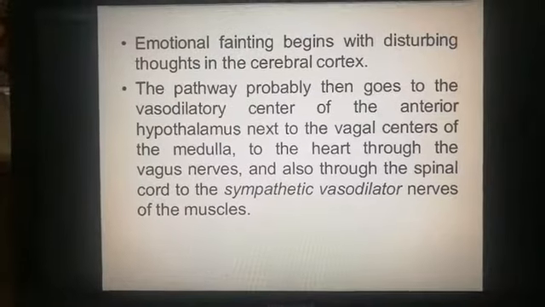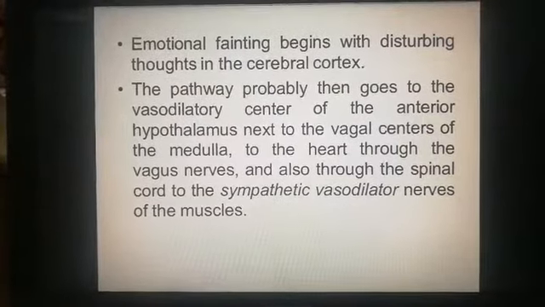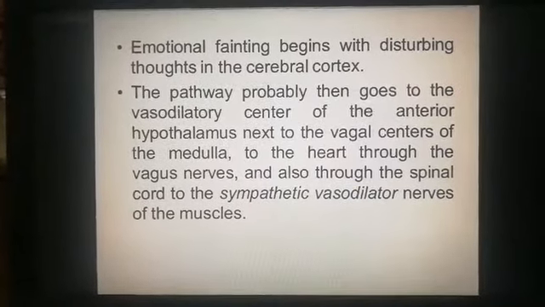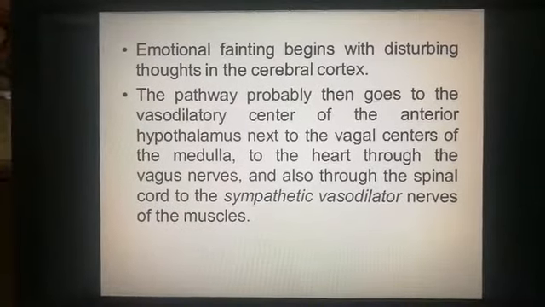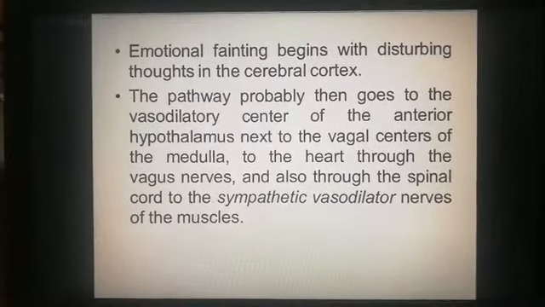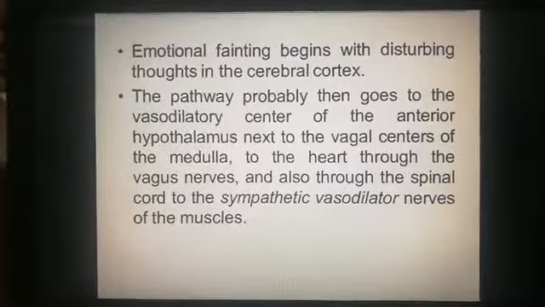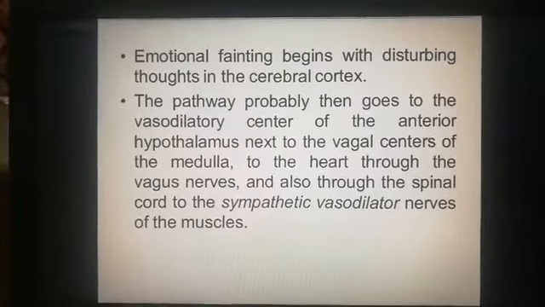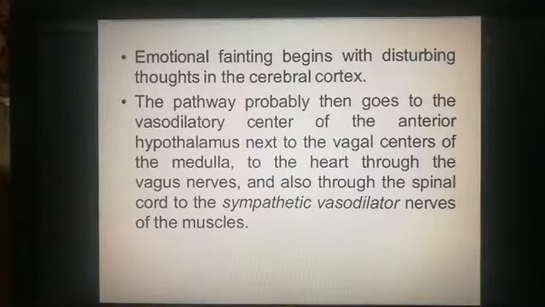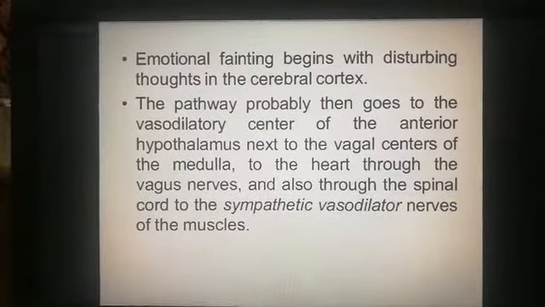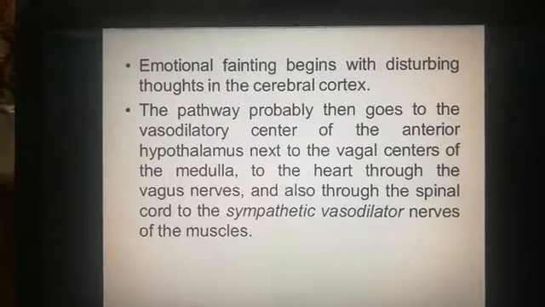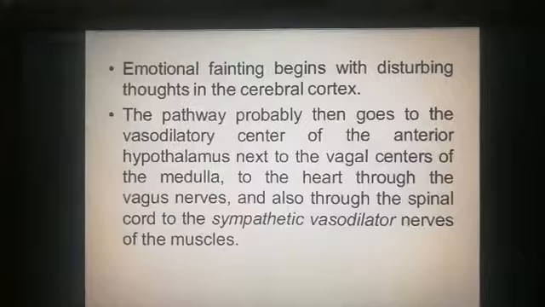Emotional fainting begins with disturbing thoughts in the cerebral cortex. The pathway probably then goes to the vasodilatory center of the anterior hypothalamus, next to the vagal center of the medulla, to the heart through the vagus nerve, and also through the spinal cord to the sympathetic vasodilator nerve fibers of the muscle. So this is the pathway.